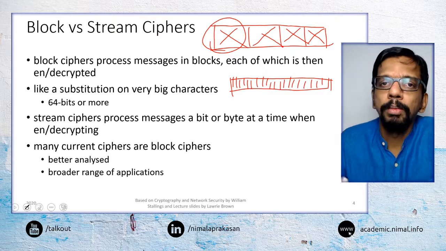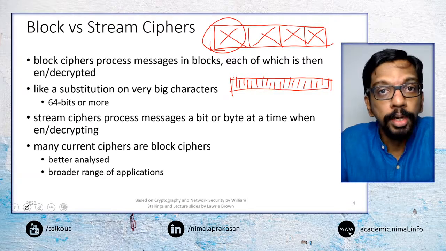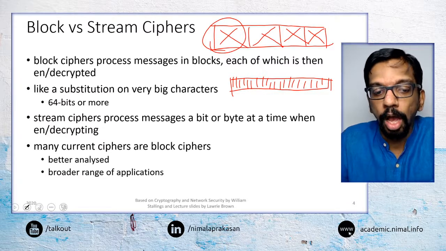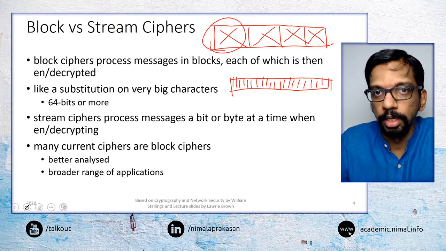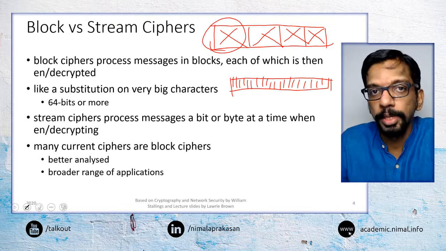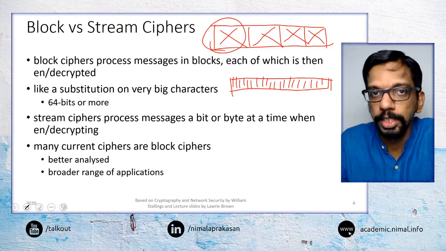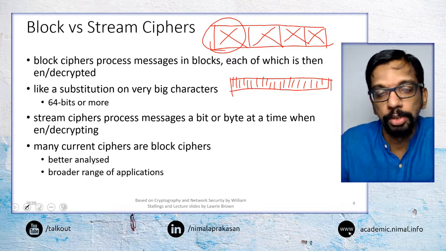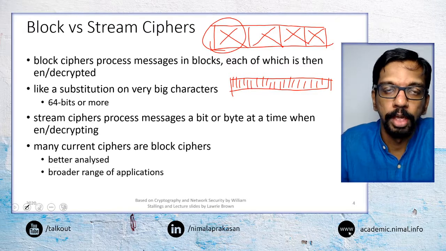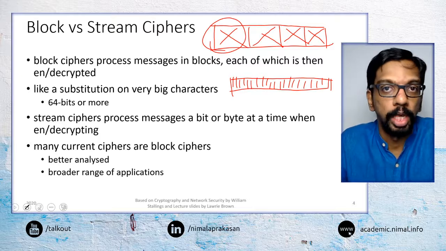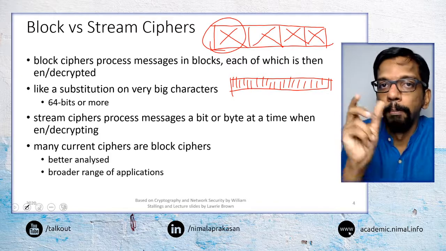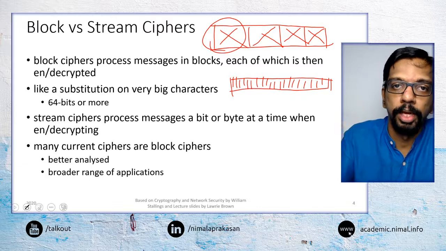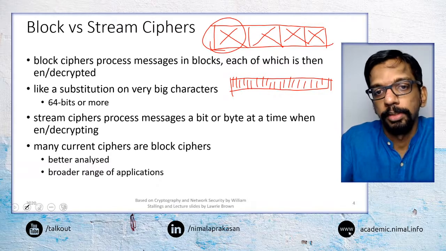But in reality, most of the commonly used modern ciphers are block ciphers, because they perform better in many applications. They are more suited, so they are the most commonly used type when comparing block ciphers and stream ciphers. The main difference is how they break apart the message for encryption and decryption purposes.